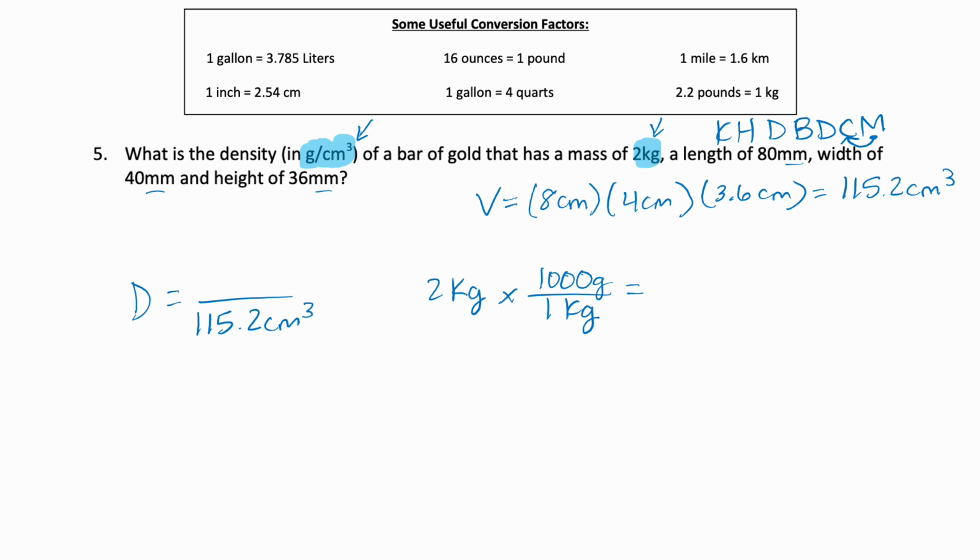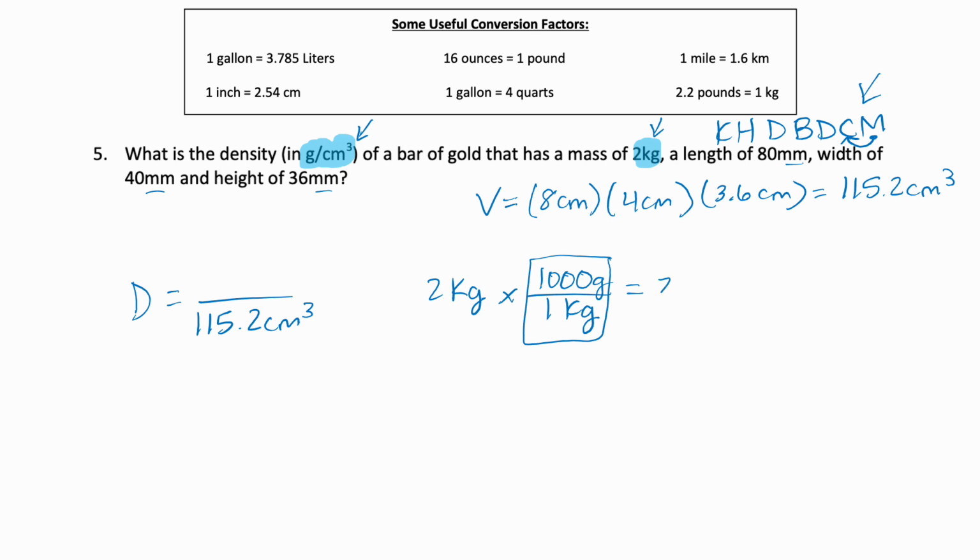If you can't get this equality from King Henry died by drinking chocolate milk, I highly recommend memorizing that so that you don't get caught up or get an answer wrong just because you don't know the equality. So again, if you cannot get it from King Henry died by drinking chocolate milk, please just memorize that in 1 kilogram, you have 1,000 grams.